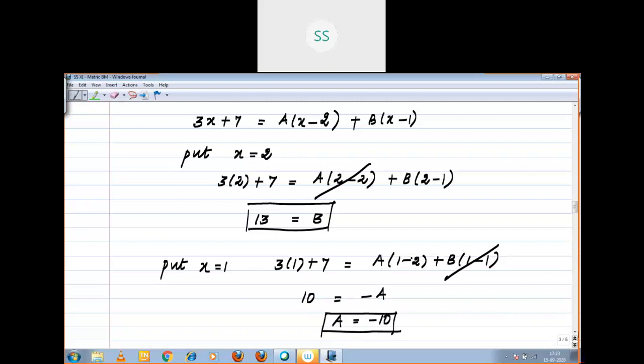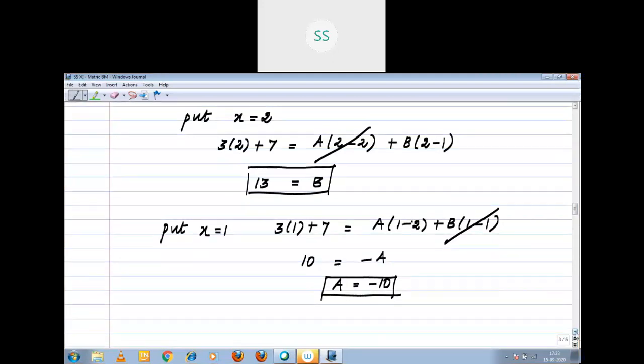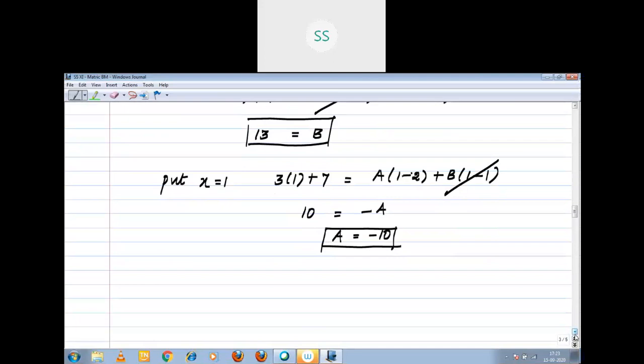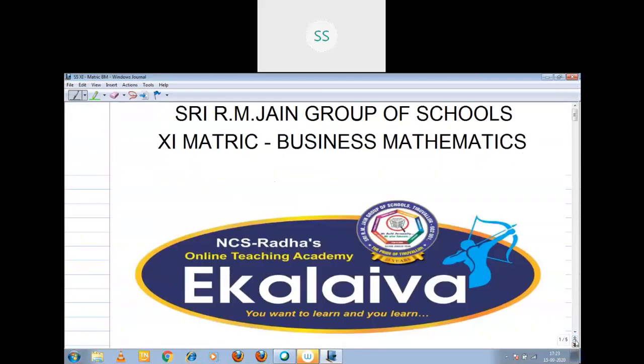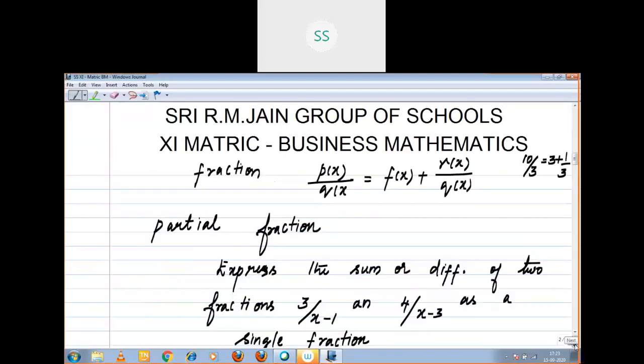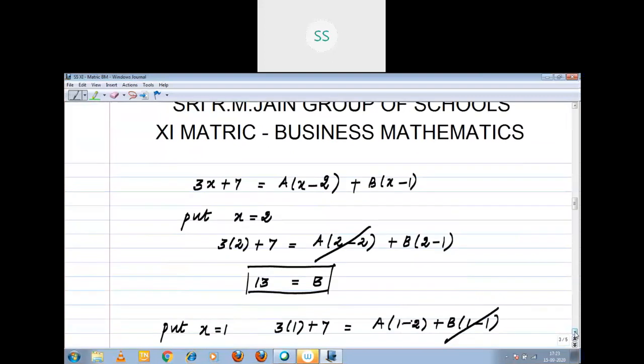Now you go and substitute the values of a and b. The single fraction you converted into a sum of two simpler fractions.